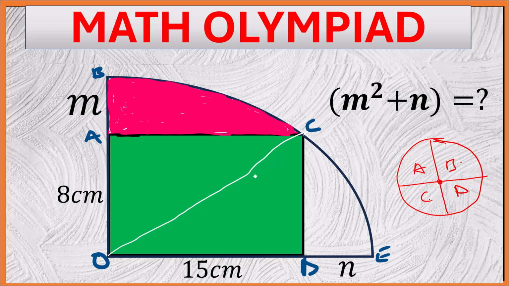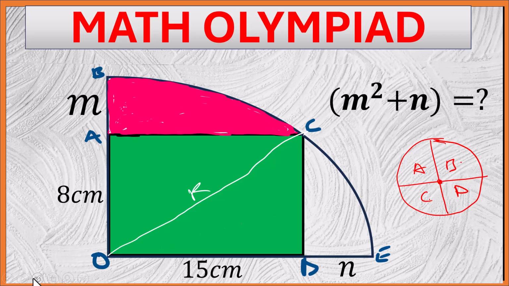Don't forget that the figure is not 100% accurate, in other words, not drawn to scale. So OC is a radius, OE is another radius, and OB is a radius. So this side is a radius, this side is another radius.